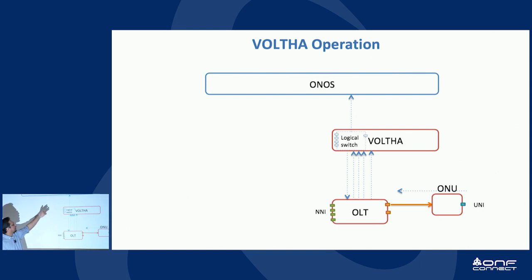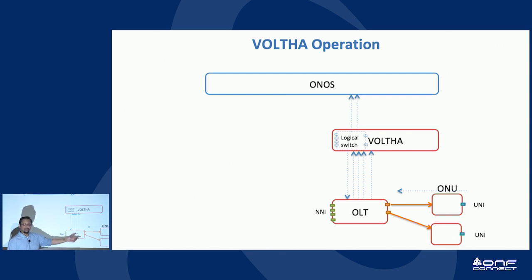So what then happens is that logical switch abstraction for the entire PON, not just for the OLT, but for the entire PON, gets reported as a logical quasi-Ethernet switch to the SDN controller. And as more UNIs get discovered on the same PON or different PONs, they then also get reported as ports on that logical switch to the SDN controller.